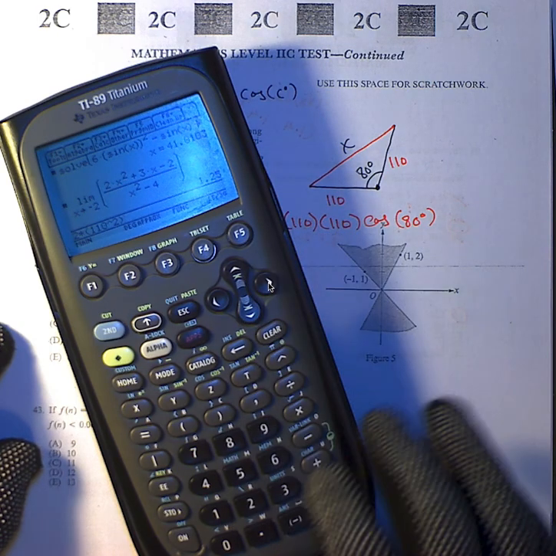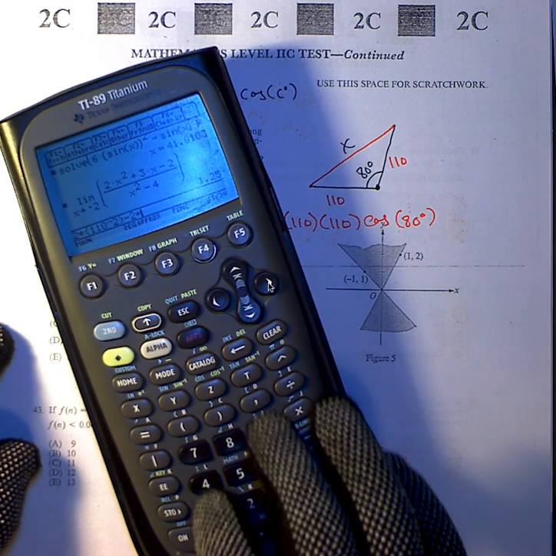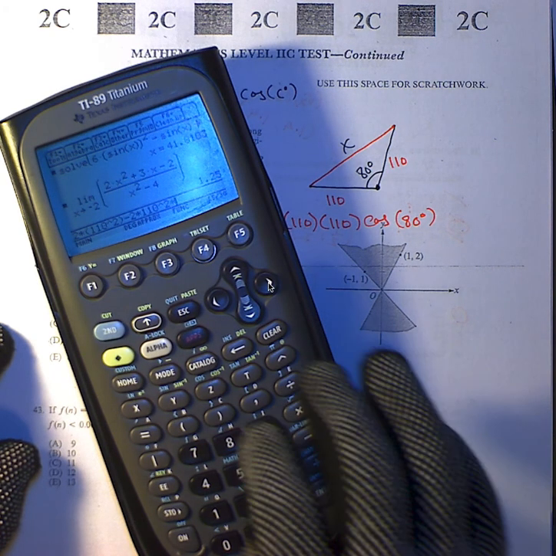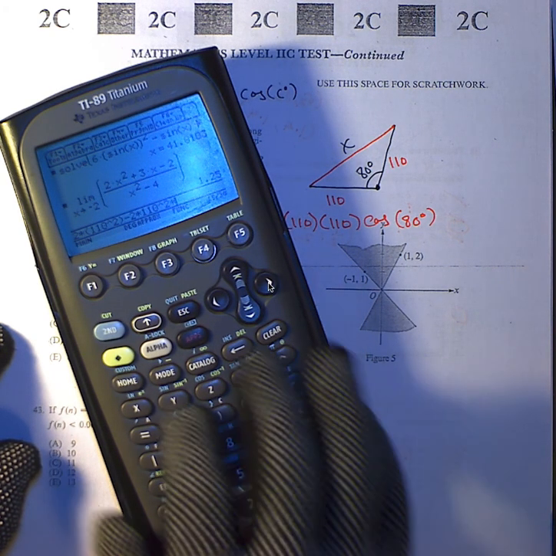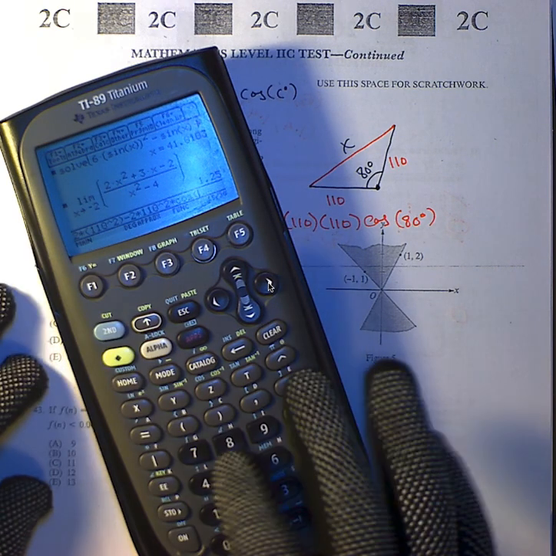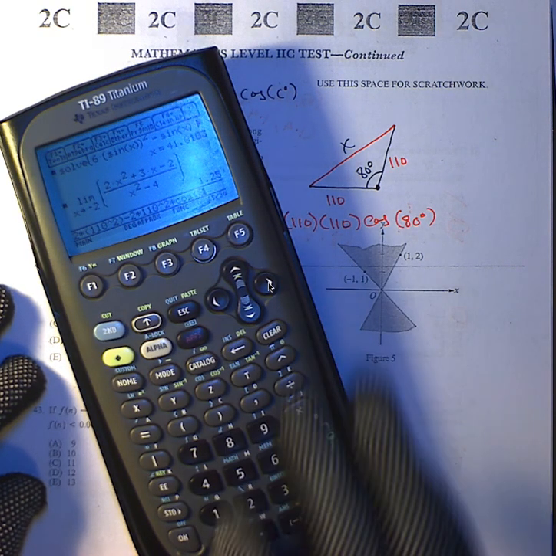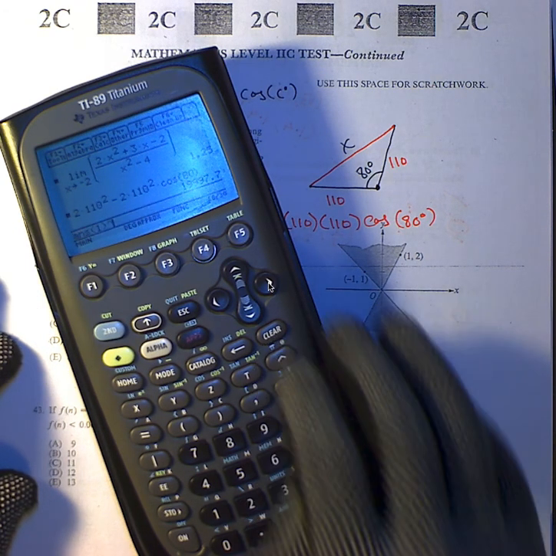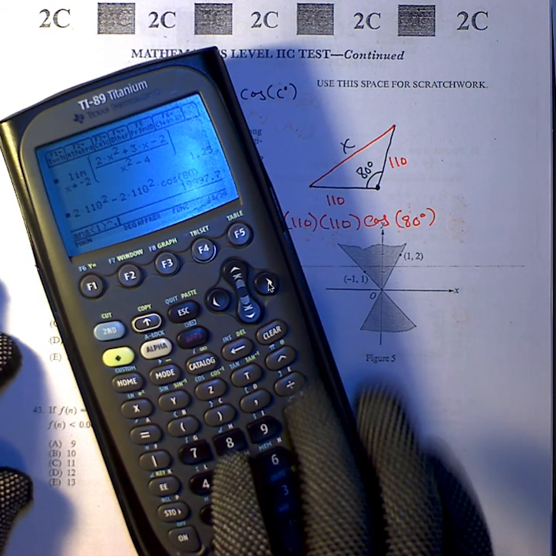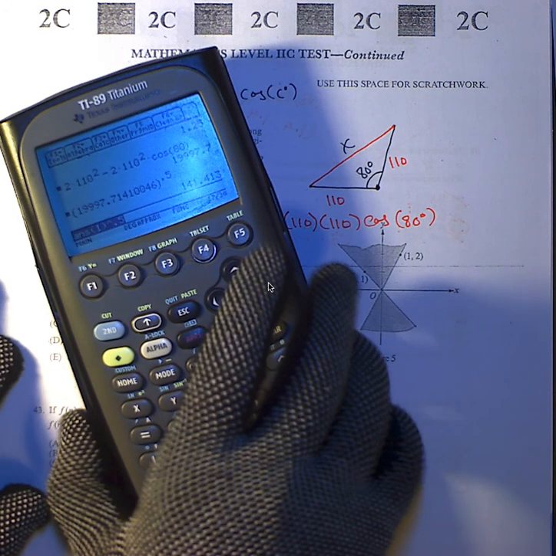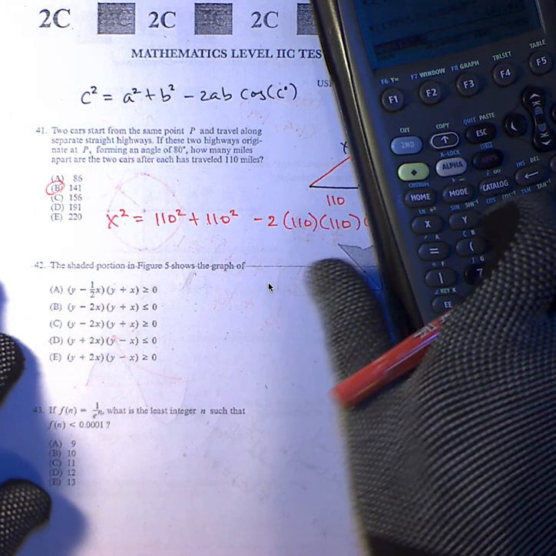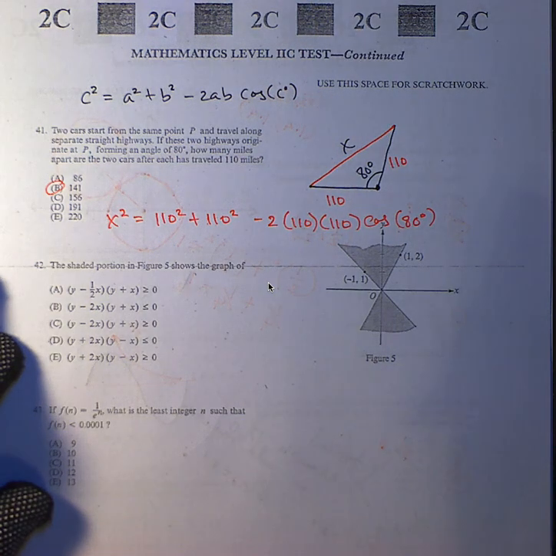And then minus 2 times 110 squared times cosine of 80. Okay, so this is that, and then I raise it to the 1/2 power, which is 0.5, and we get 141.41. That's 141 right there. Okay, cool. So what's next?